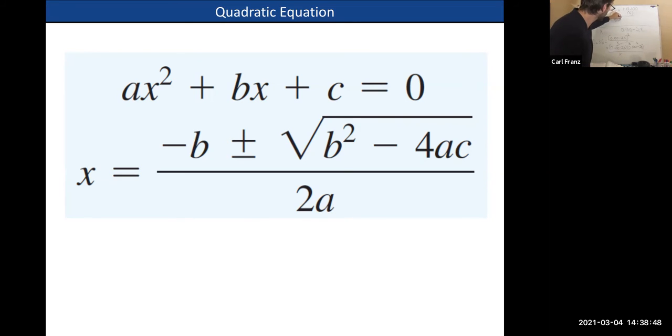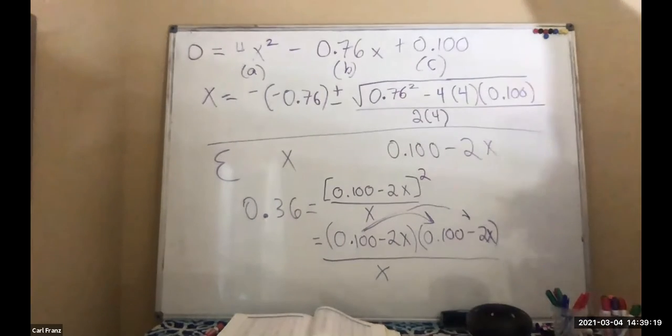So 0.76 squared minus 4a, which is 4, c, which is 0.1, all over 2 times 4. Whew. Okay.